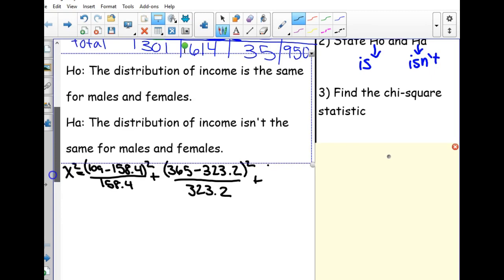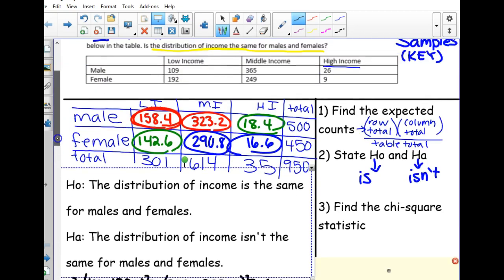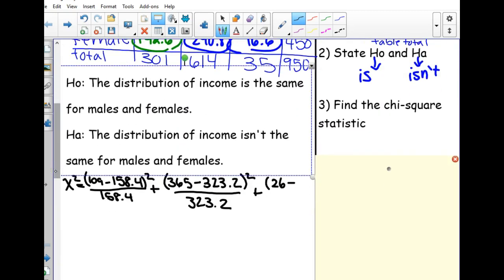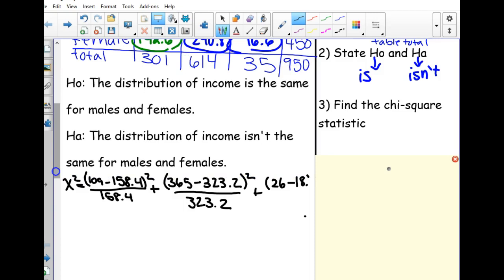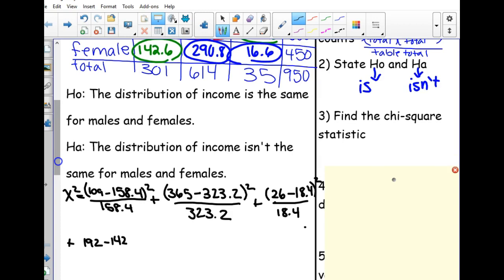The next one, we have 26 minus the expected 18.4 squared divided by 18.4, plus 192 minus 142.6 squared divided by 142.6, plus 249 minus 290.8 squared divided by 290.8.